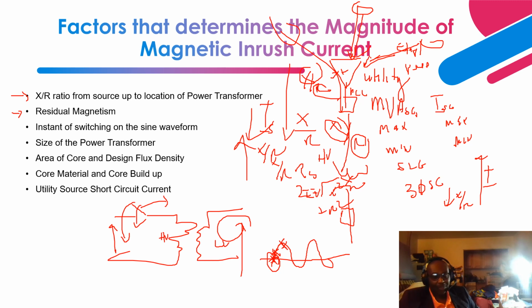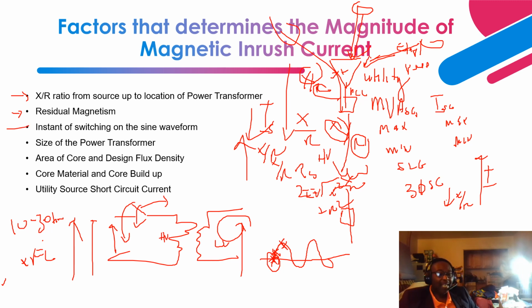Your peak magnetic inrush current is going to be very, very high. So that itself tells us how we are able to reach 10 to 30 times the full load current as the magnetic inrush current.